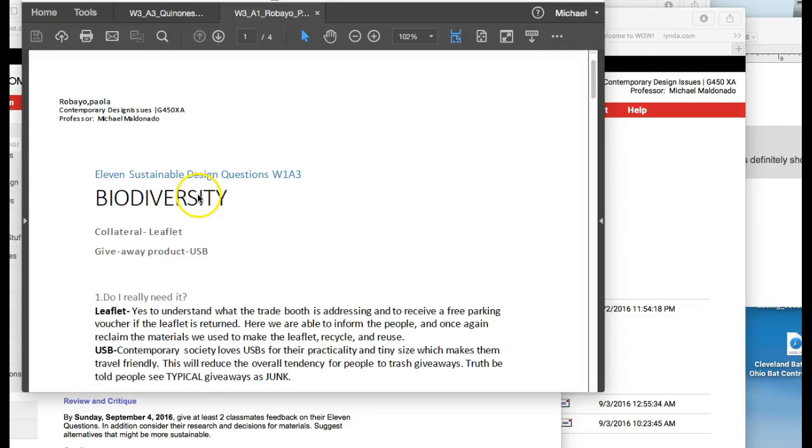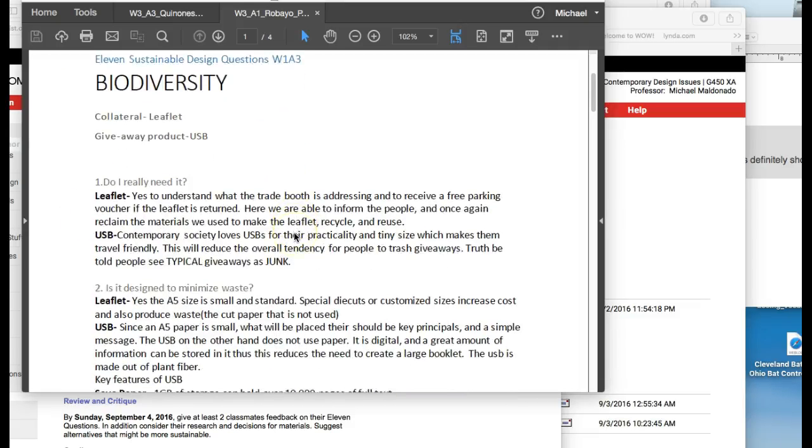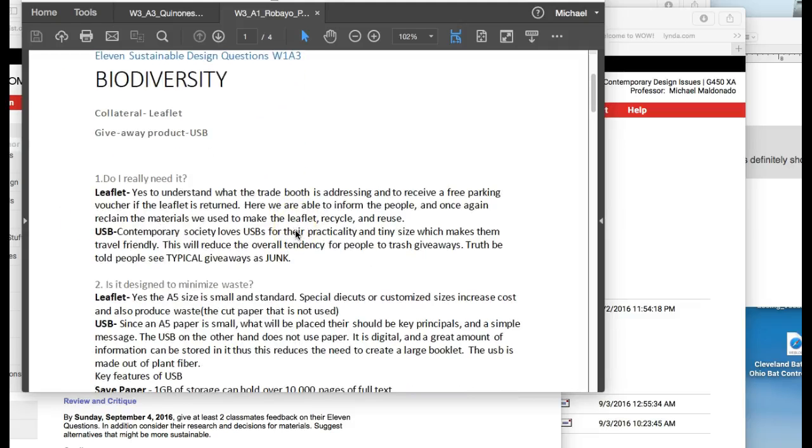Right now you're jumping in and just saying biodiversity collateral leaflet, assuming the viewer knows what you're talking about. So my suggestion is to start each presentation with a little mini thesis describing exactly what it is, so the viewer knows what they're getting themselves into before they read the presentation.